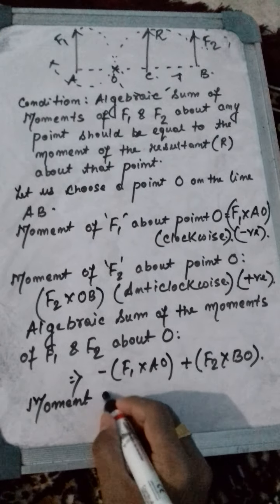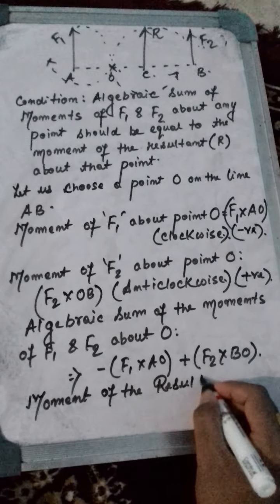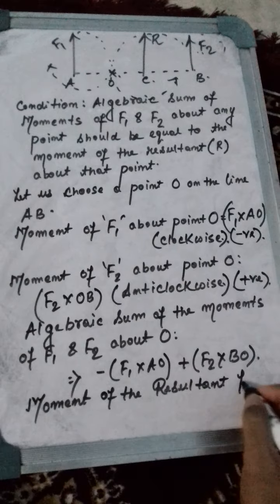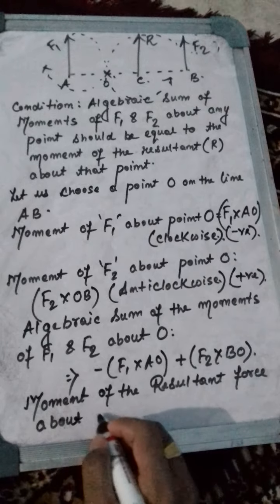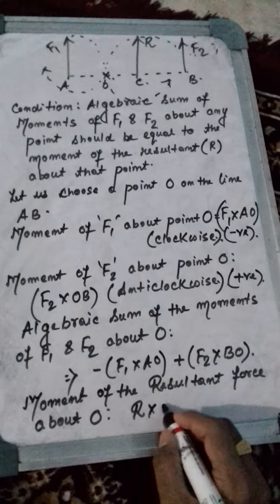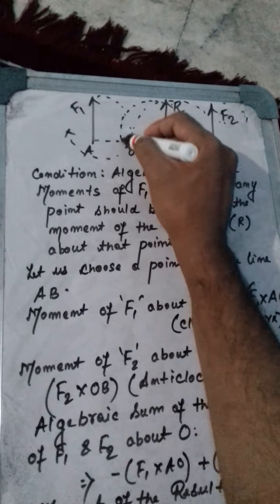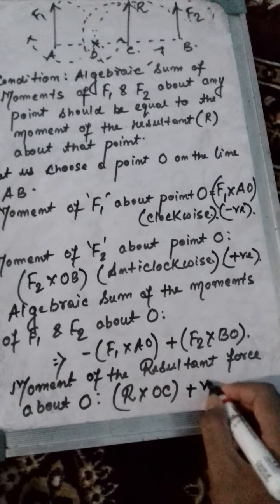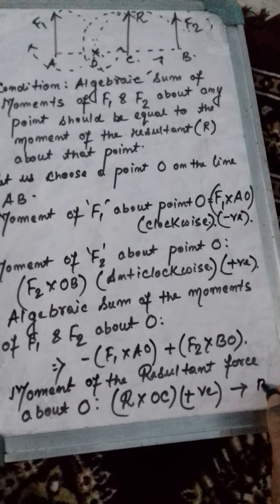So the moment of the resultant force about O is equal to the resultant multiplied by the perpendicular distance, so it is OC. Again it is anti-clockwise, and we have taken anti-clockwise moment as positive as per this particular sign convention.